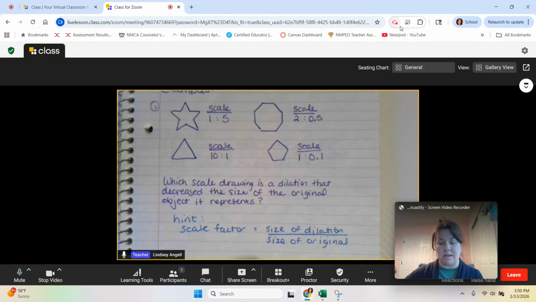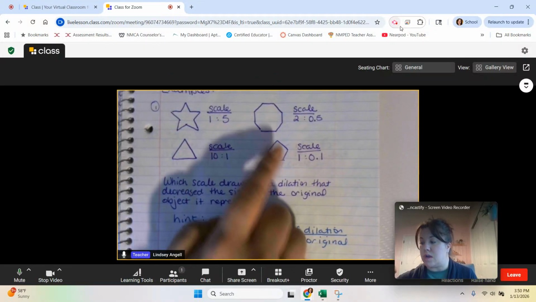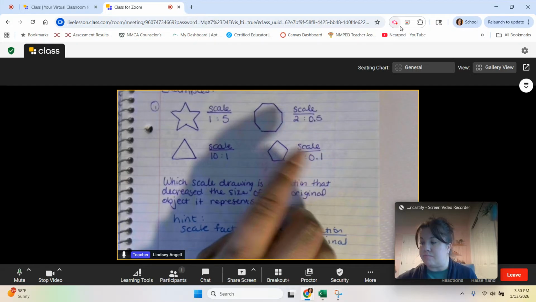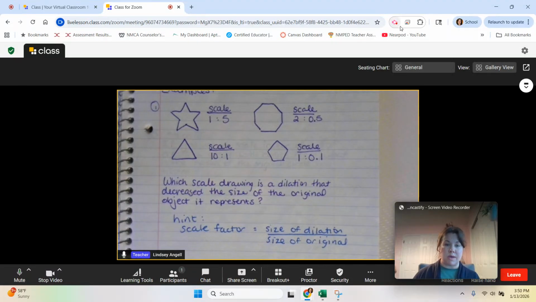Here's number 1. We've got 4 different drawings: a star, a triangle, and so on, and each of them has a scale factor. We need to determine which scale drawing is a dilation that decreased the size of the original object it represents. I put a hint down here: scale factor is a ratio, which means we can write it as a fraction.